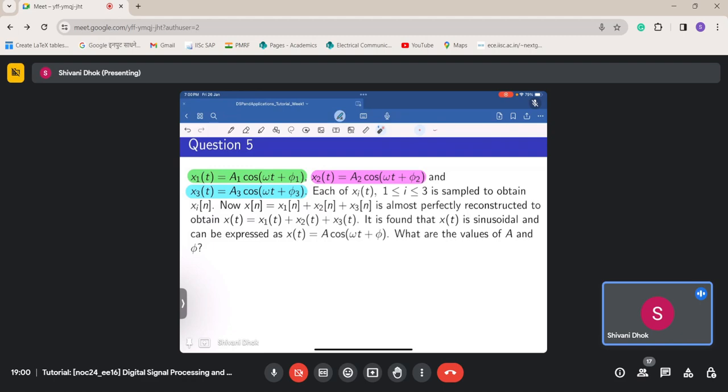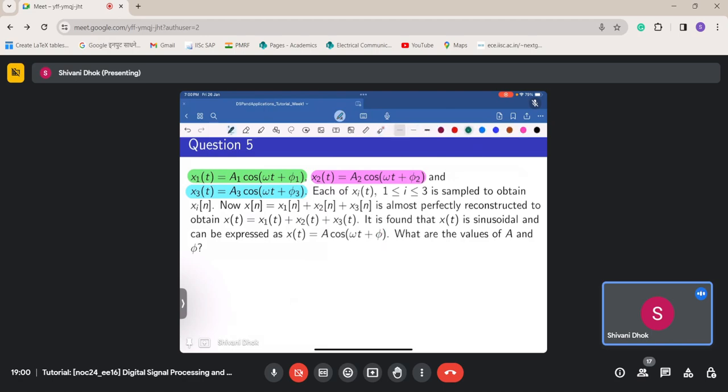Is the question clear? So at the end it says that if xt is equal to x1t plus x2t plus x3t, and this xt is a sinusoid which can be represented as a cos omega t plus phi, we just need to find the values of a and phi.